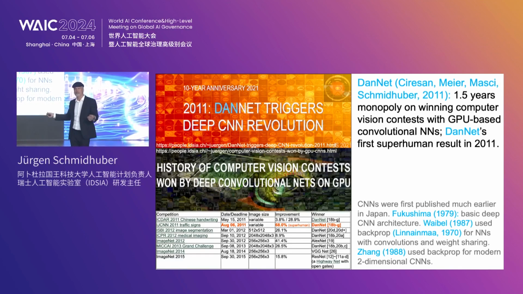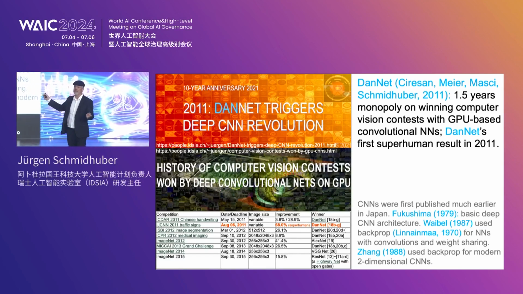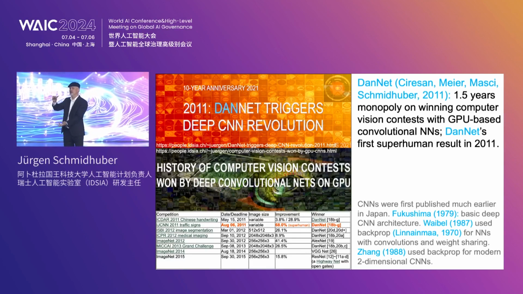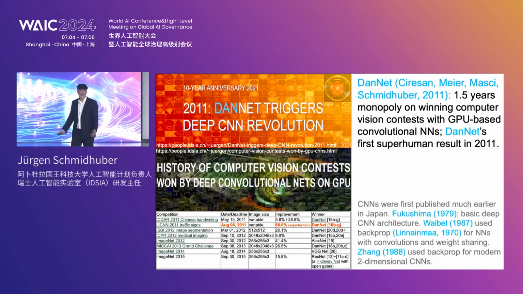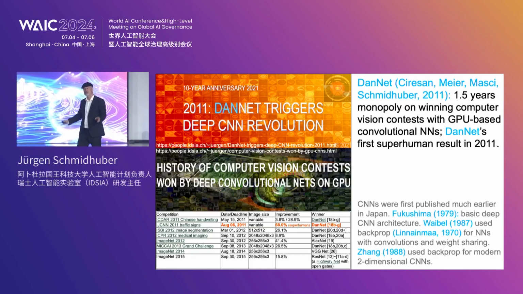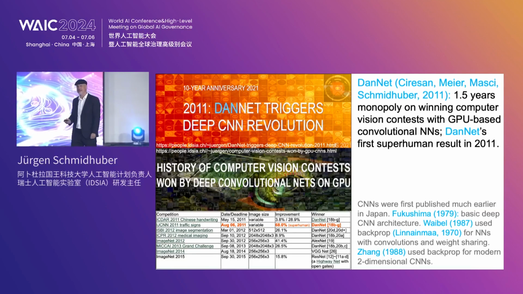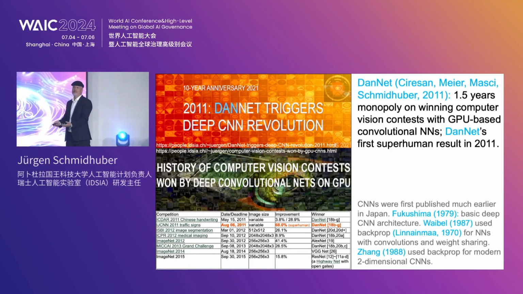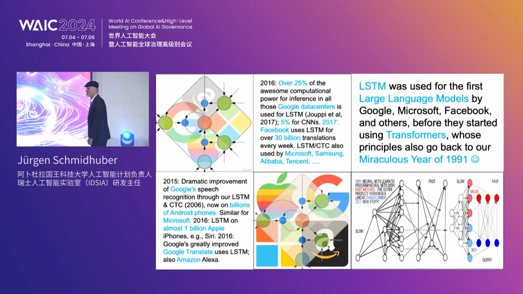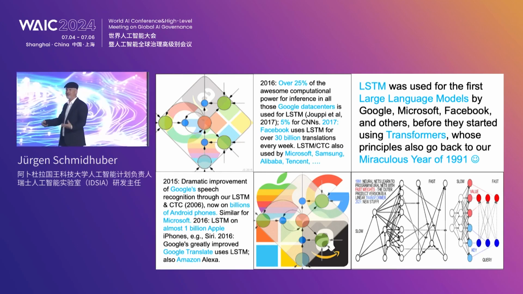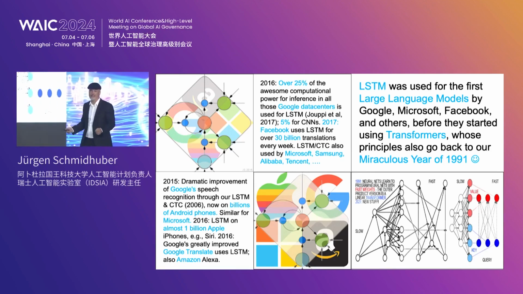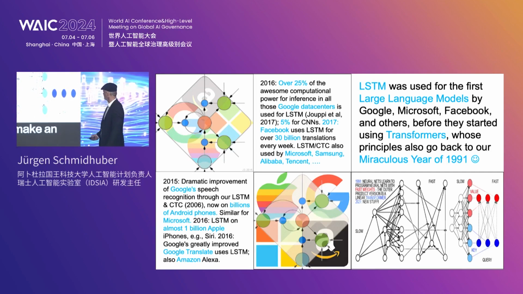And then Zhang, also publishing in Japan, 1988, he had the first two-dimensional convolutional networks like the ones that we are using today, combined with backpropagation. So between 1979 and 1988, the CNNs were created, and all they've been waiting for was to make them faster using NVIDIA GPUs. And that's why NVIDIA is now so incredibly successful, because they have the hardware, the shovels that you need to make AI work.